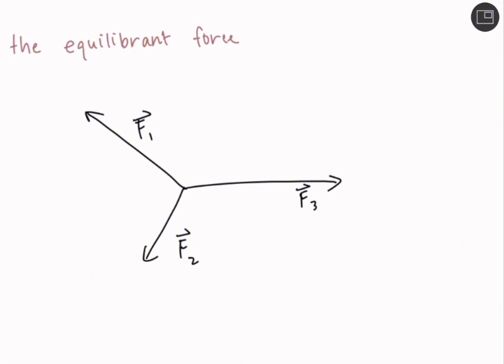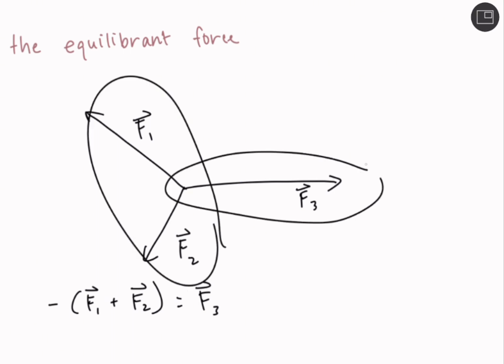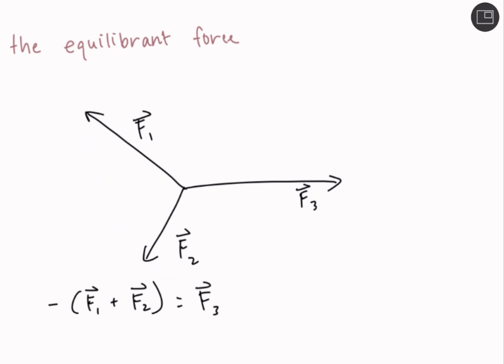Now let's describe the situation mathematically. One way you could describe this is that the opposite of force 1 and force 2 summed together is equal to force 3. So basically, these two forces combined is equal to this force, but just in an opposite direction. So let's manipulate this equation really quick.